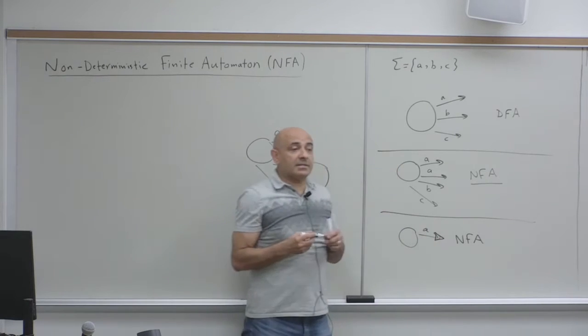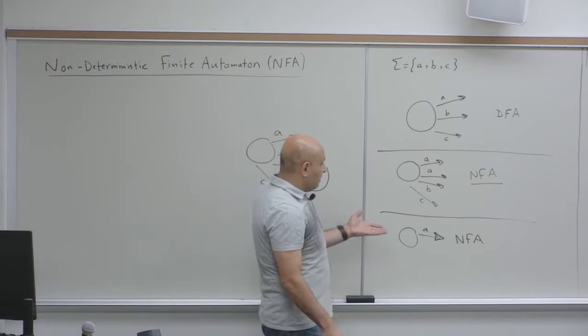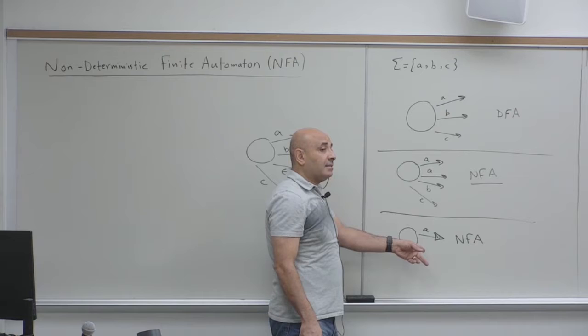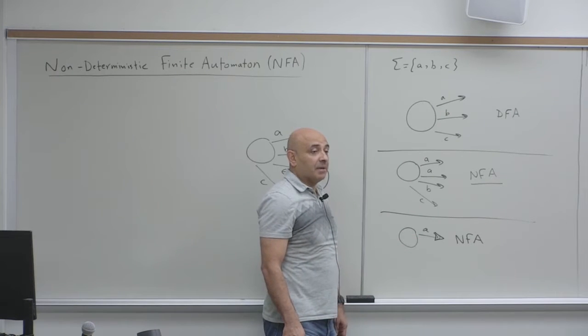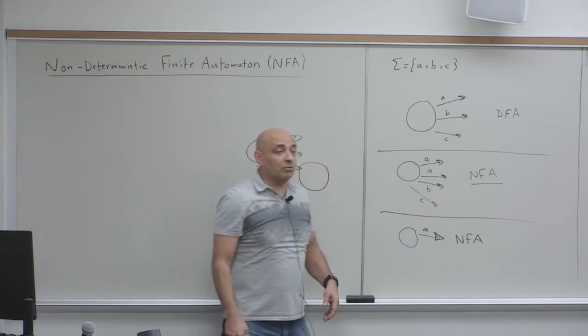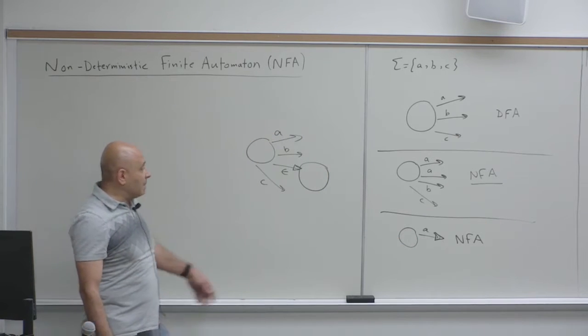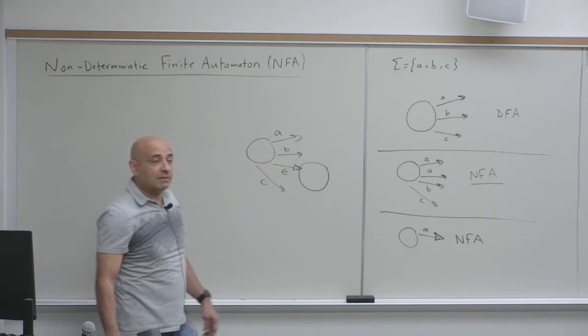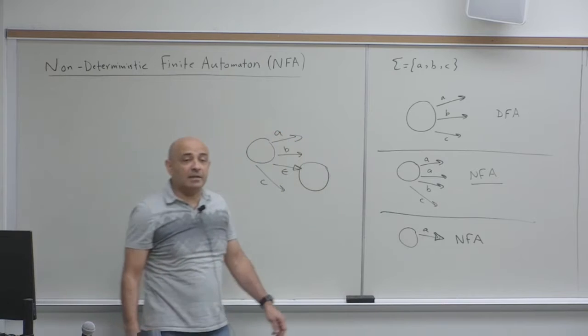So I guess the answer is we'll see the example. It's non-deterministic in the sense that it's not telling you what to do if there is a B. You're not told what to do if you get a B or a C. It's only telling you what transition will take place if you get an A.